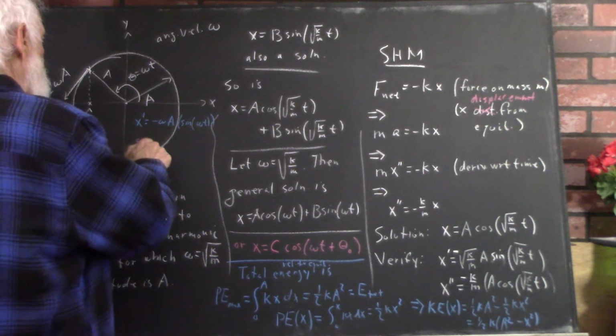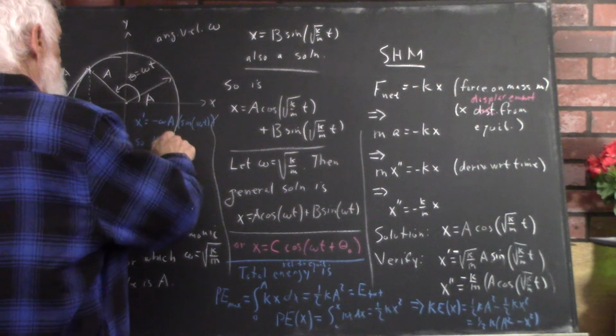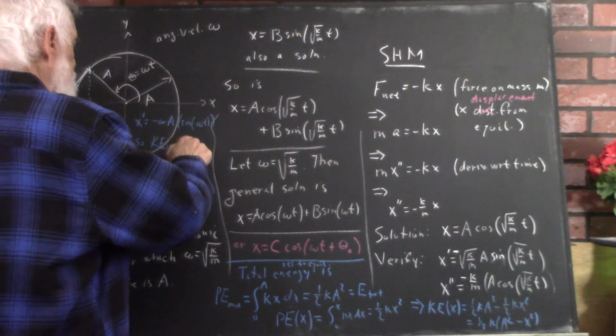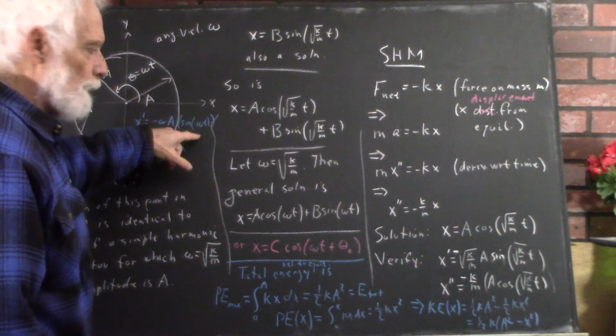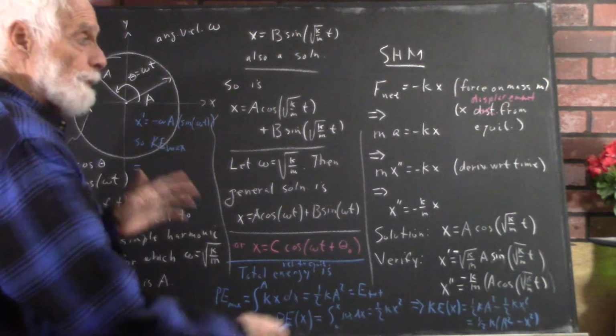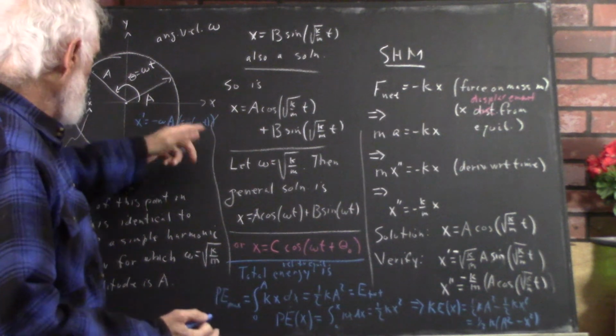So your maximum kinetic energy occurs when the magnitude of the sine is 1, because the sine goes from -1 to 1. The maximum absolute value of the sine is 1.